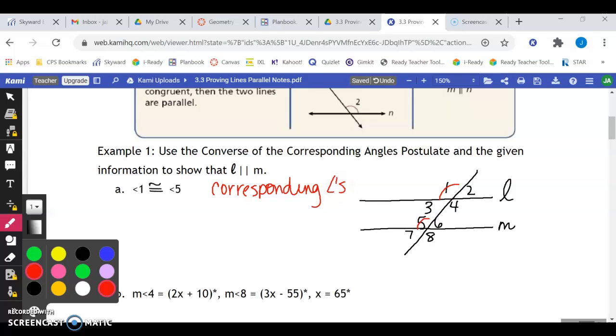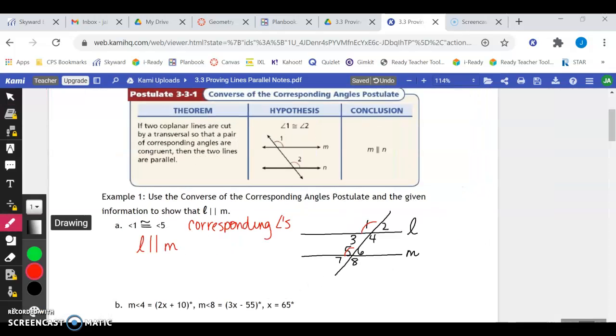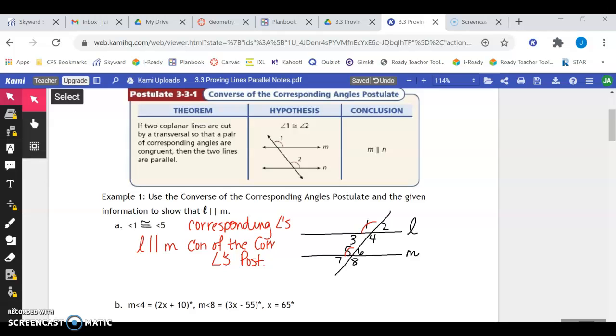If corresponding angles are congruent, then we can prove that the two lines are parallel. So line L is parallel to line M, given this postulate up here, because that's exactly what it said. This postulate is called the converse of the corresponding angles postulate. Just by knowing those two angles, we know that those two lines are parallel.